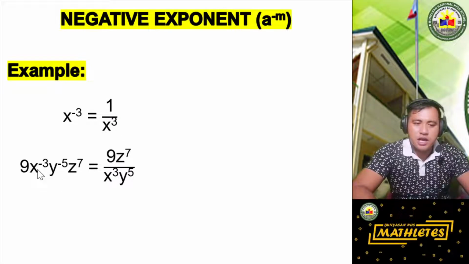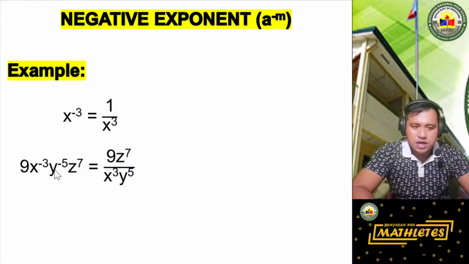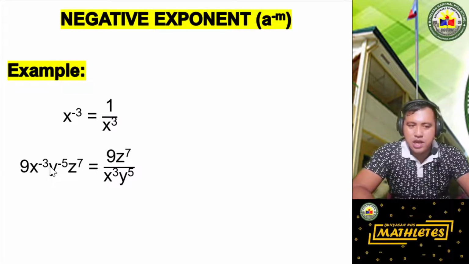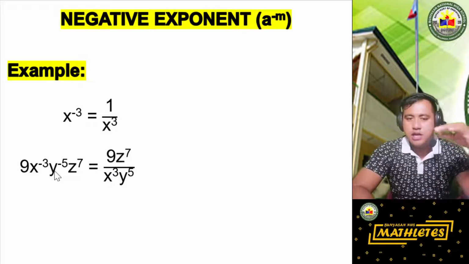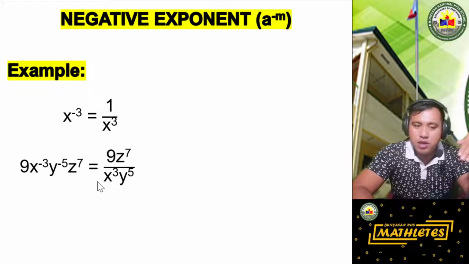Okay. Then, again, this one is the expression 9x to the power of negative 3, y to the power of negative 5, z to the power of 7. As you observe, x and y lang yung merong negative exponent. So, sila lang ang lilipat natin. We have to bring these down to the denominator because nandyan sila sa numerator.